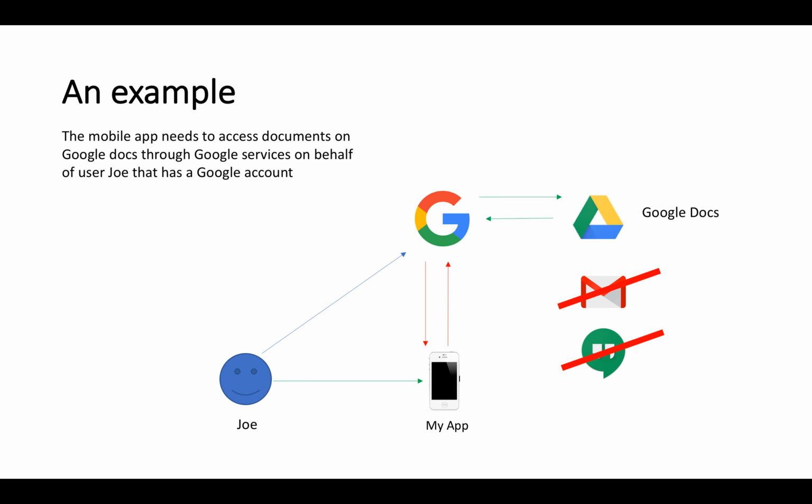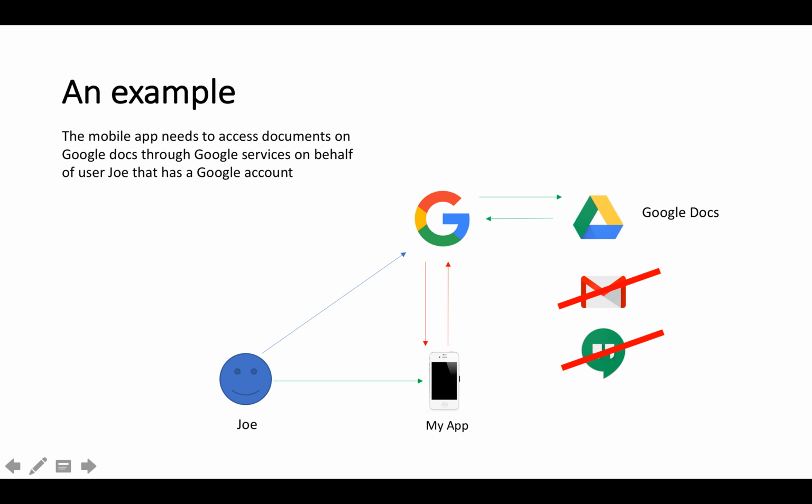Let's clarify it a little bit more with a daily example that probably happens all the time. Let's say, for example, that Joe has an account on Google services, and through this account, he has access to Google Drive, Gmail, Hangouts, and the other Google Suite. But additionally, Joe downloaded to his iPhone an application for handling his personal taxes.